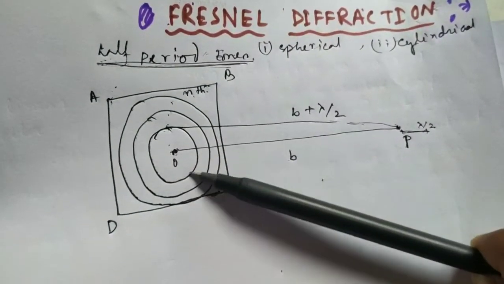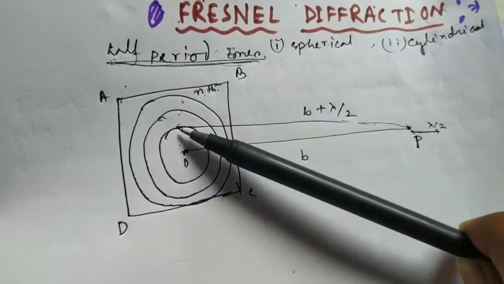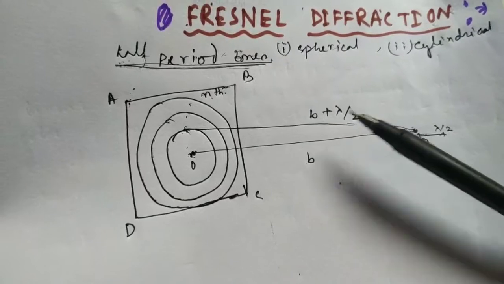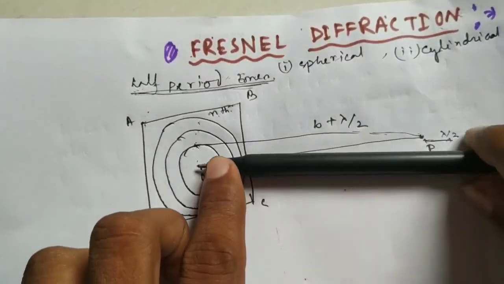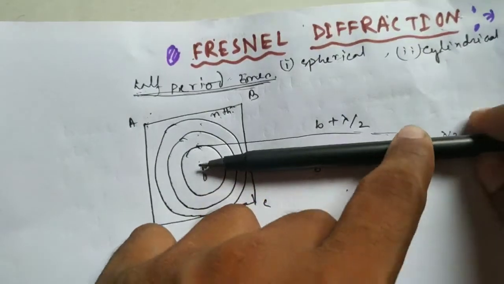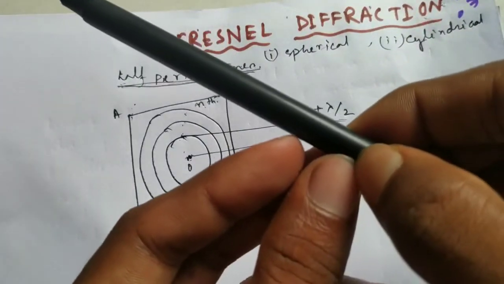Every point of this circle is at distance b plus lambda by 2 from point P. So this is b and this extra length is lambda by 2.